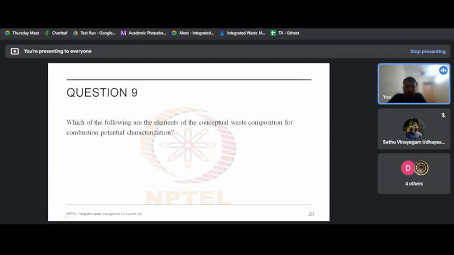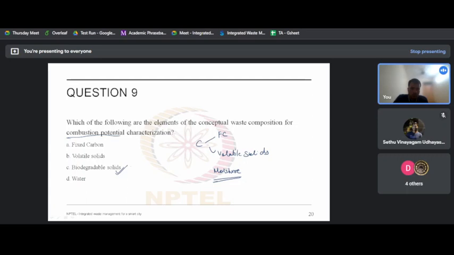Which of the following are the elements of the conceptual waste composition for combustion potential characterization? We have the options: fixed carbon, volatile solids, biodegradable solids, and water. As we saw in one of the questions, carbon has two parts. One will be fixed carbon, one will be the volatile solids part. Quite obvious, there will be some moisture as well. But when we are talking about combustion potential, biodegradable solids do not add much value there, so we don't consider it.